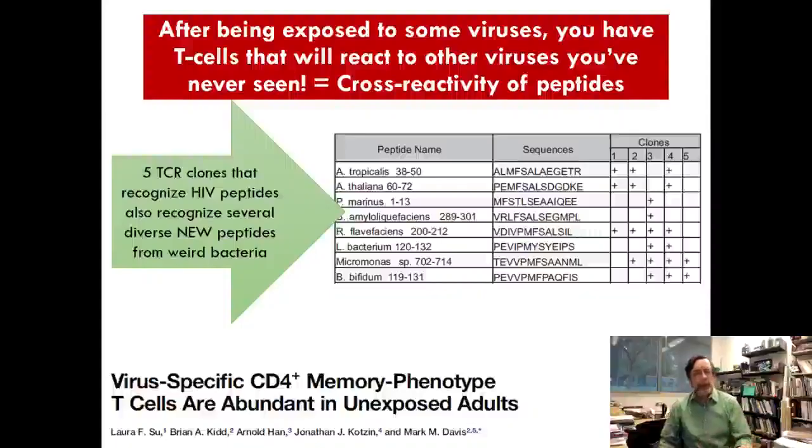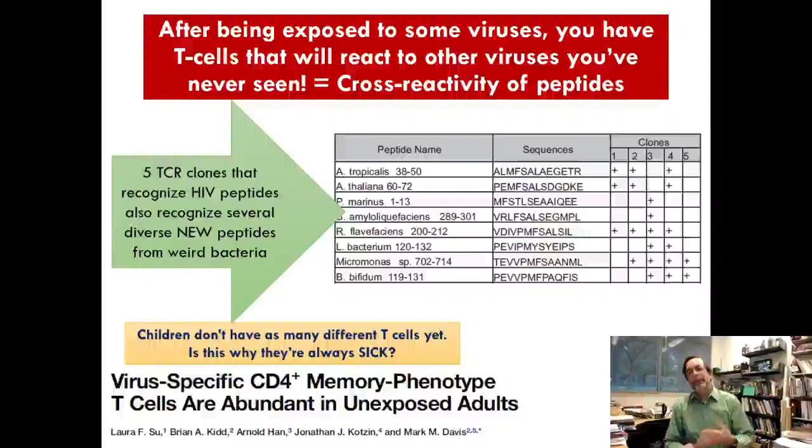Now, it's not every clone. Only some clones will cross-react, some clones won't. But you have a lot of weird peptides here, and yet you have 5 TCR clones that are supposed to be recognizing HIV and maybe other things. There's a lot of other things that they're recognizing, from weird bacteria, and I think these are all bacteria. Some of them might be viruses as well.